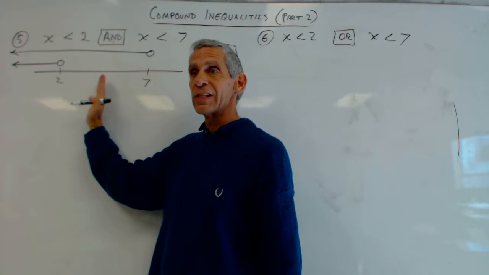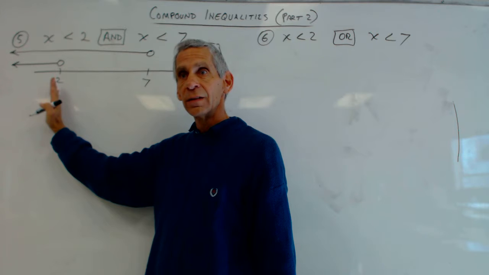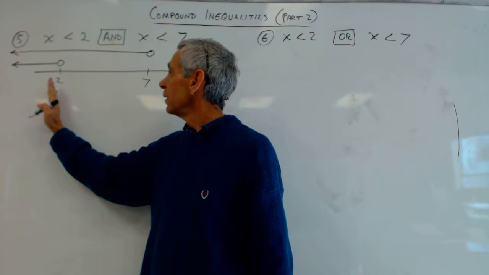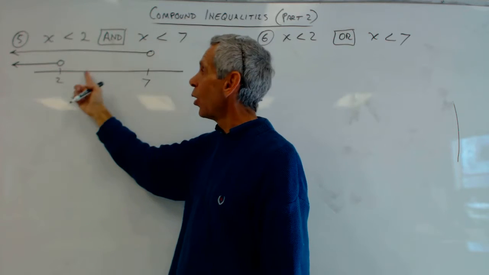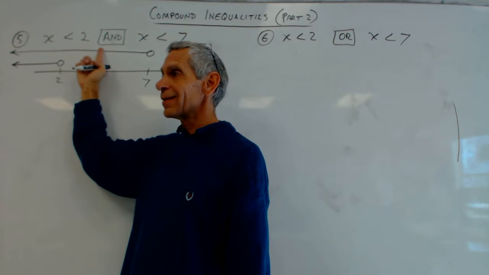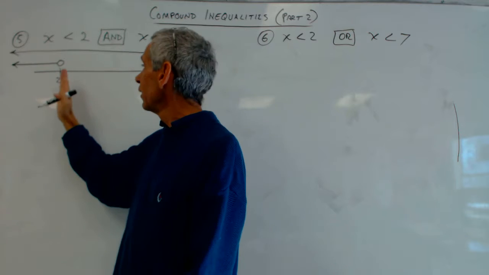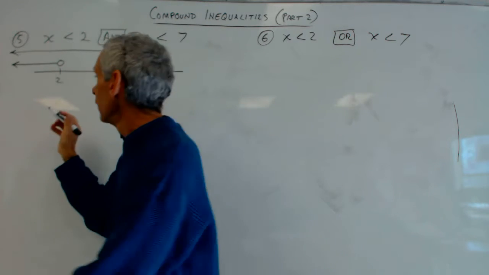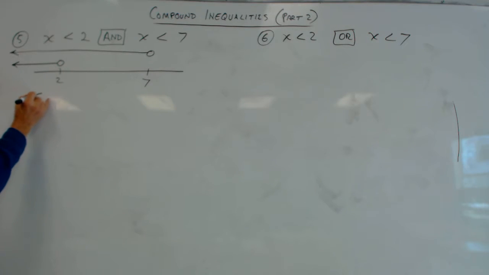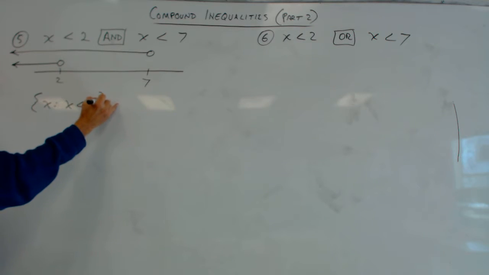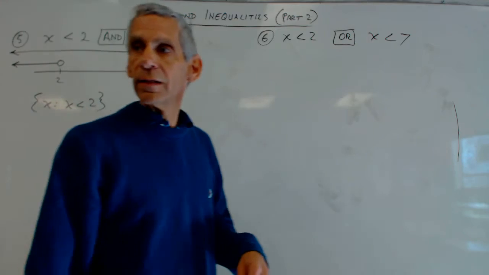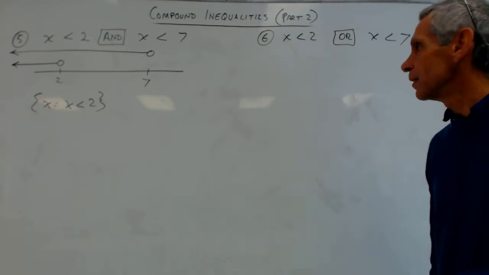The only place where they both have intersection, where they're both true, is past 2. So this is not part of the answer. Only this is. Does that make sense? Because 'and' means they have to both be true. They're both true starting here going that way. So my answer would be the set of all x's such that x is less than 2. Confusing, but easy.